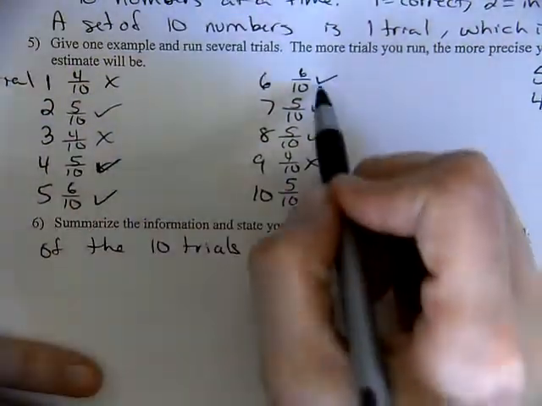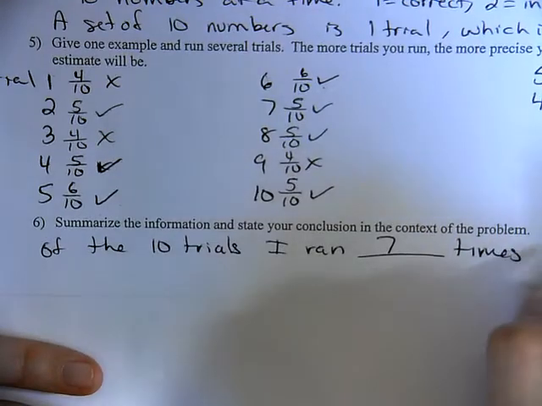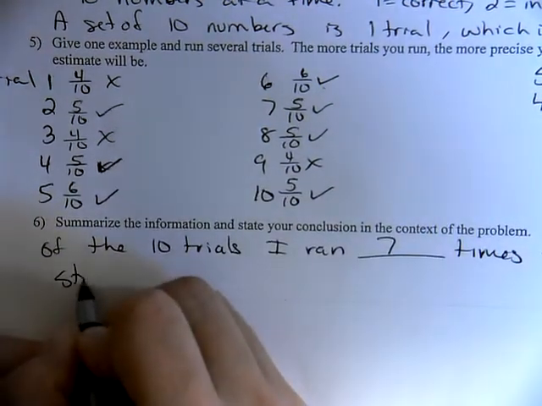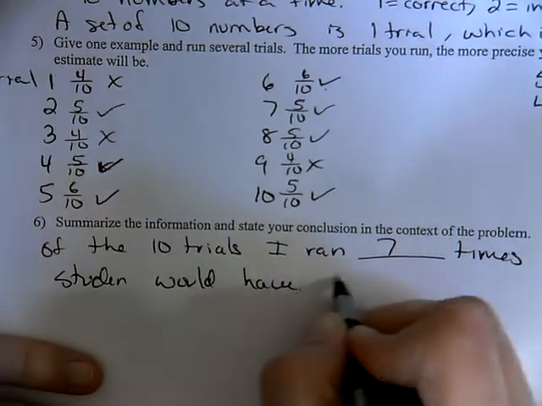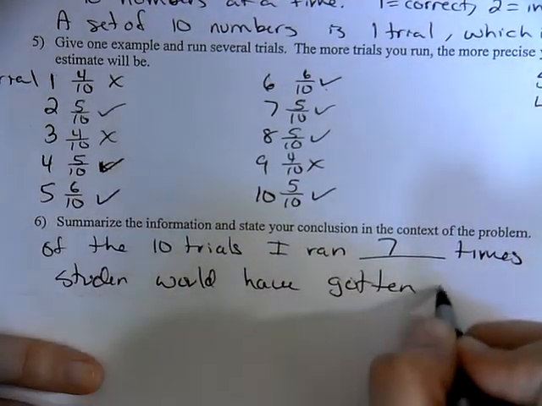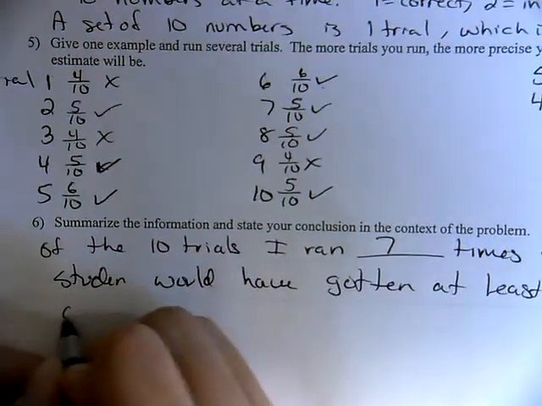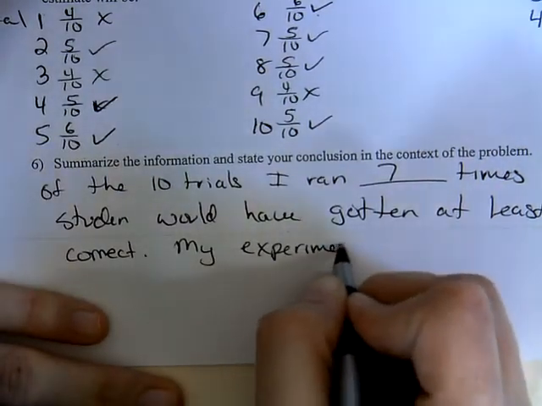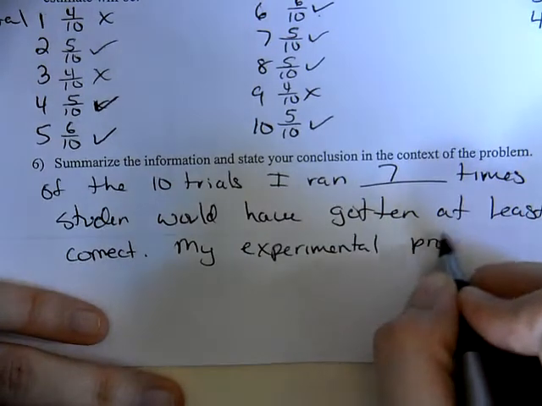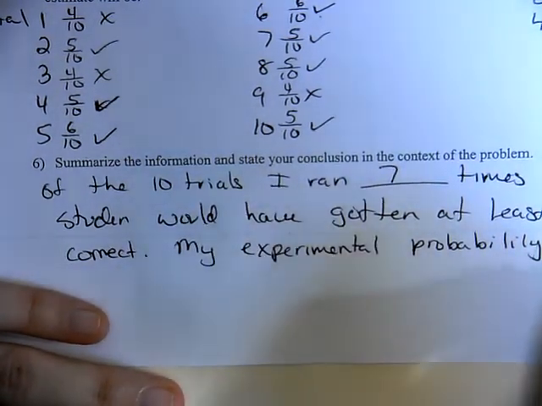So, 1, 2, 3, 4, 5, 6, 7 times the student would have gotten at least 5 out of 10 correct. So my experimental probability is 70%.